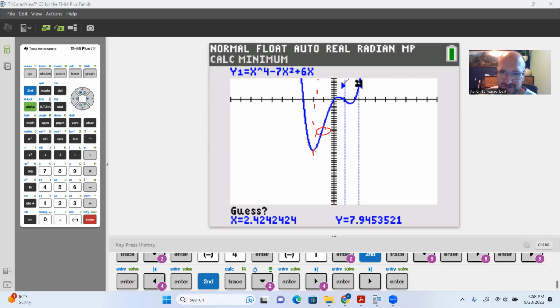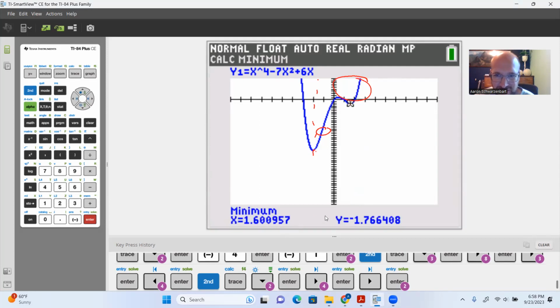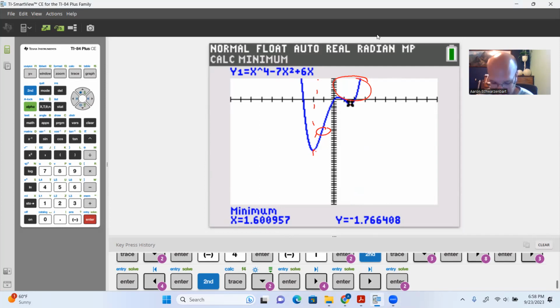So it's important that we have our windows here where this is the lowest point in the region. And my minimum here is 1.60, -1.77 for a y coordinate.